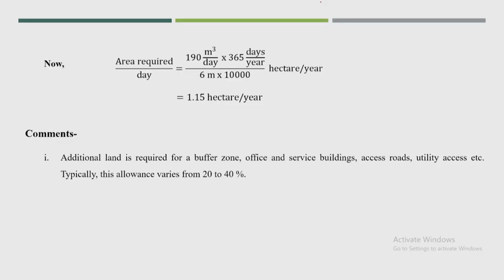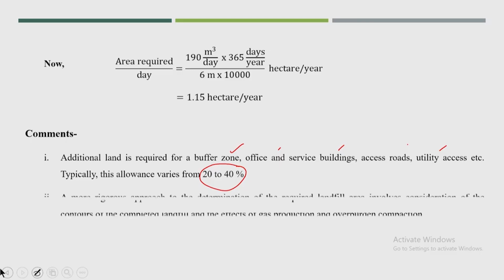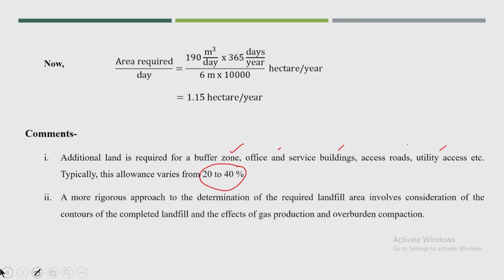A few comments: besides this area for disposal, an additional 20 to 40% area will be required as a buffer zone for offices, service buildings, access roads and other facilities for the landfill. So, 20 to 40% more area will be required.